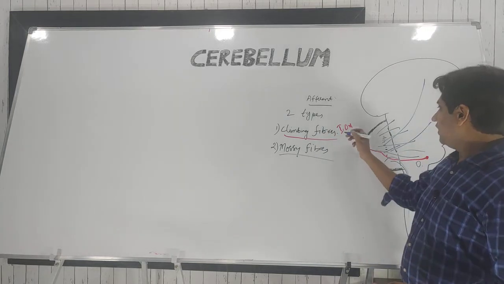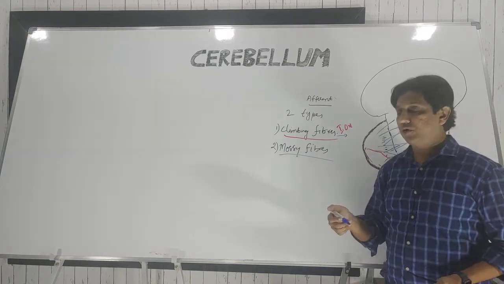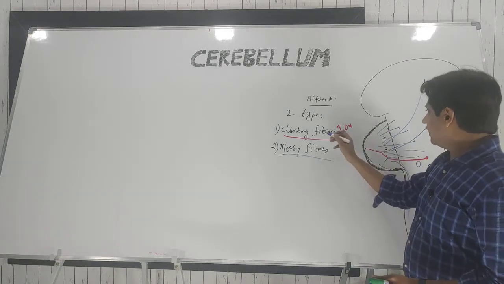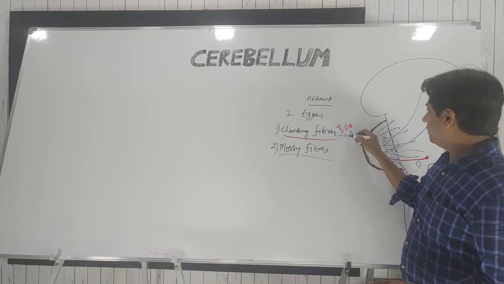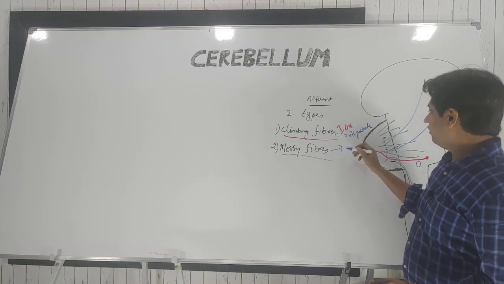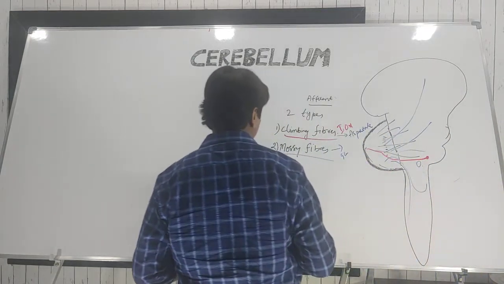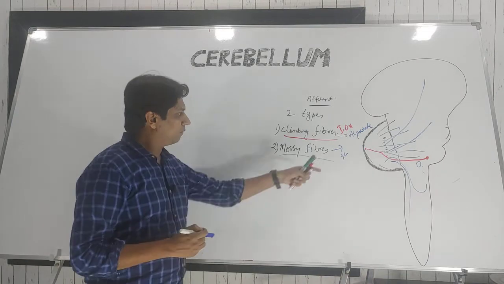Now these climbing fibers are all excitatory input. These nerve fibers release the neurotransmitter aspartate, and the mossy fibers release the neurotransmitter glutamate.